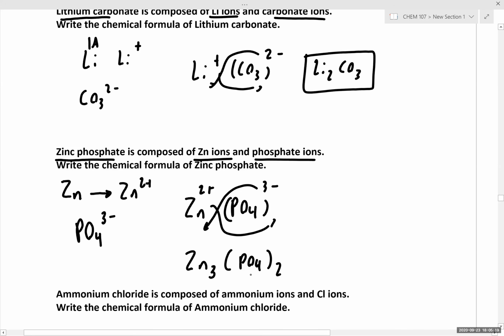And it's really important that you put the phosphate in parentheses because we have 2 phosphate ions. Does this example make sense to everyone? Any questions on these examples?